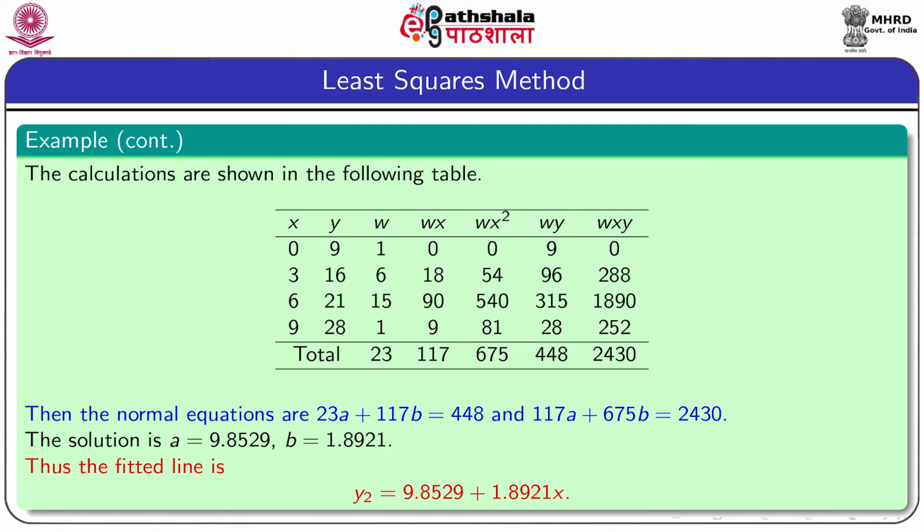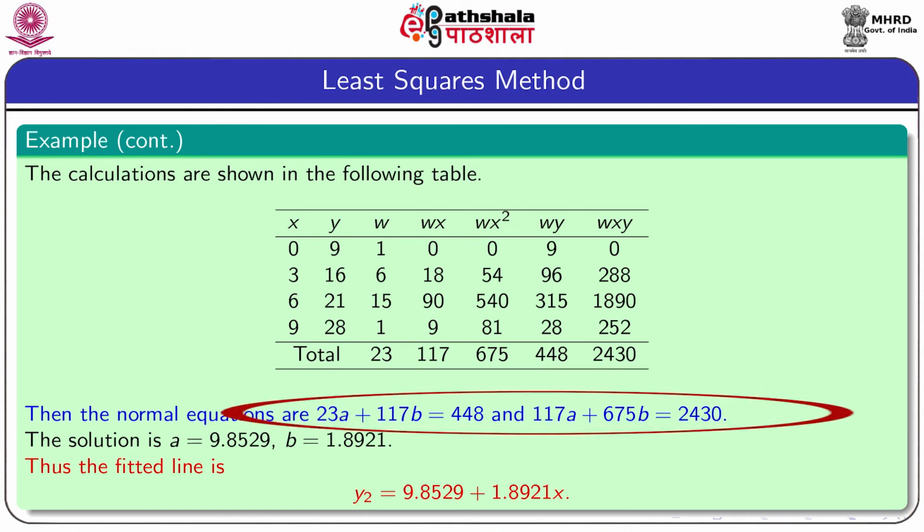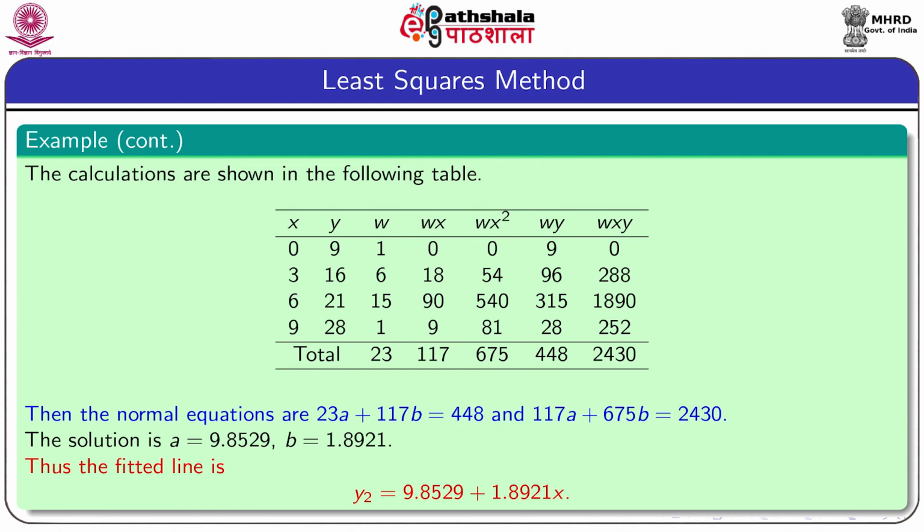So using these values, we obtain the normal equations, which are 23a plus 117b equal to 448, and the second equation is 117a plus 675b equal to 2430.